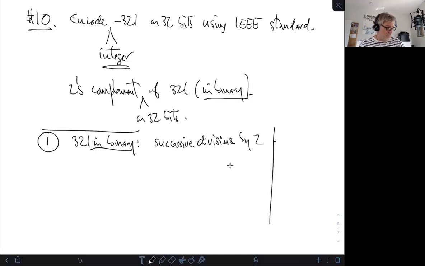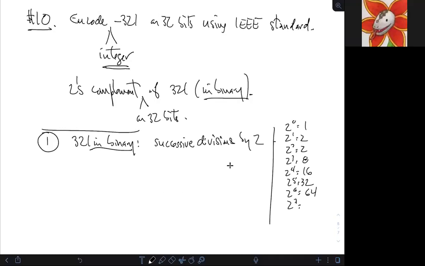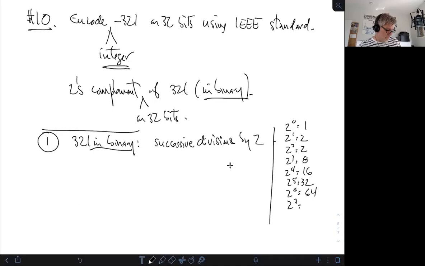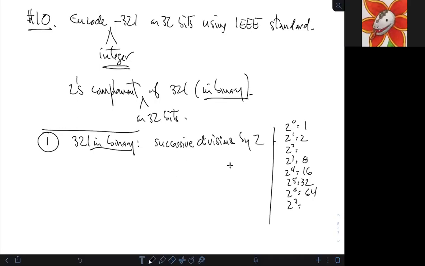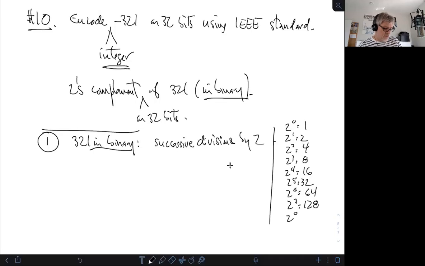If you know your powers of 2: 2 power 0 is 1, 2 power 1 is 2, 2 power 2 is 4, 2 power 3 is 8, 2 power 4 is 16, 2 power 5 is 32, 2 power 6 is 64, 2 power 7 is 128, 2 power 8 is 256, and I won't need anything after that for 321.